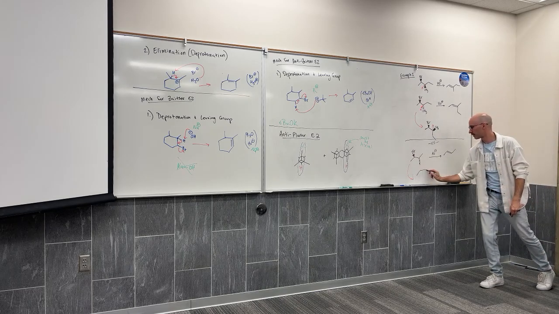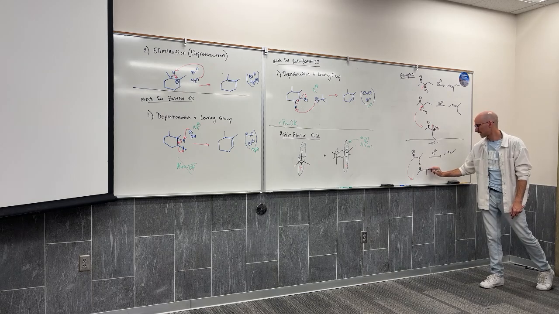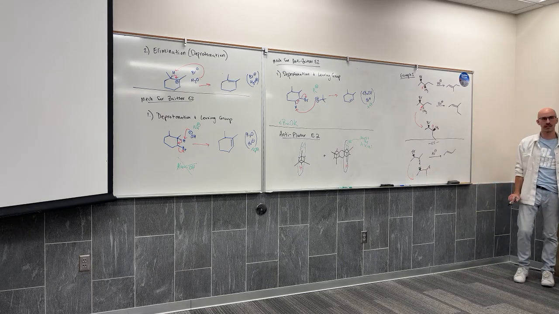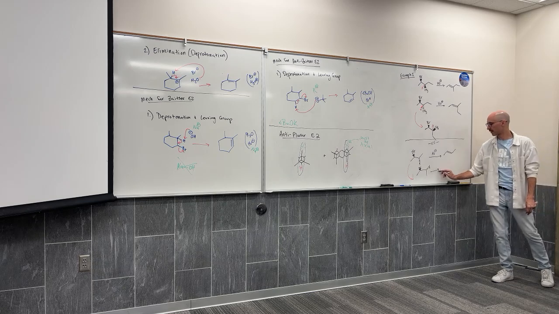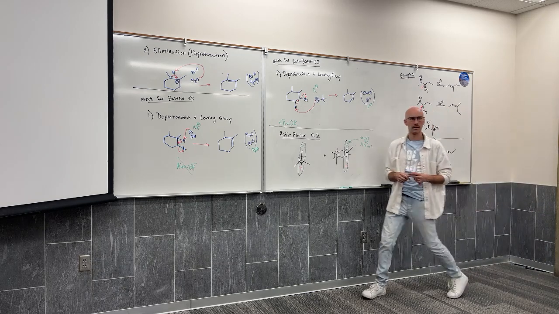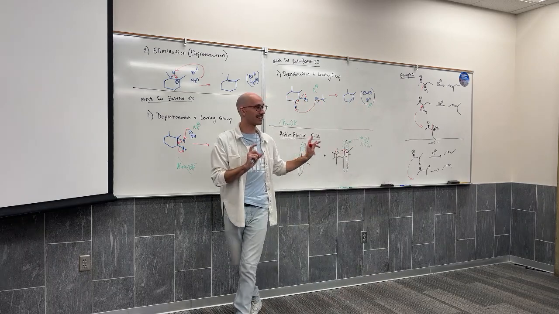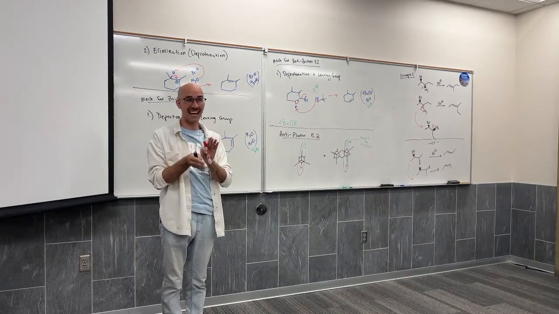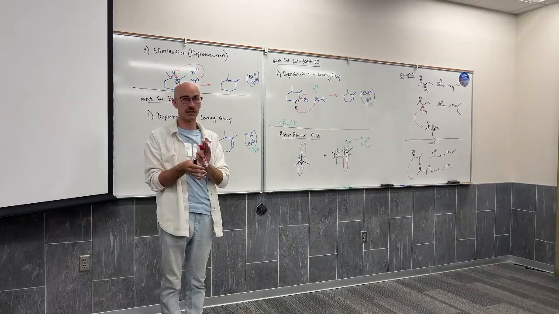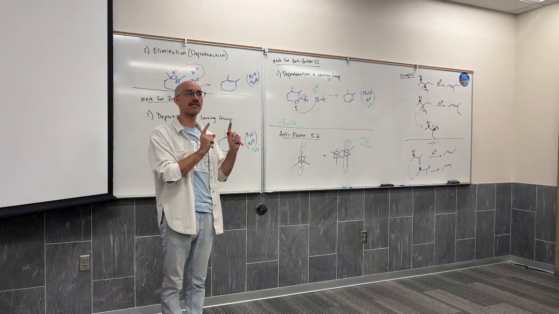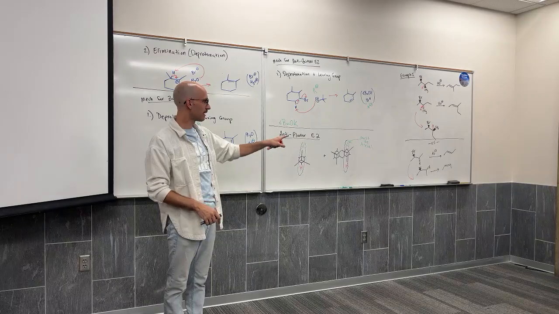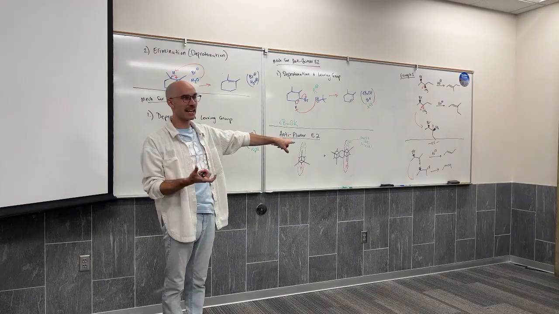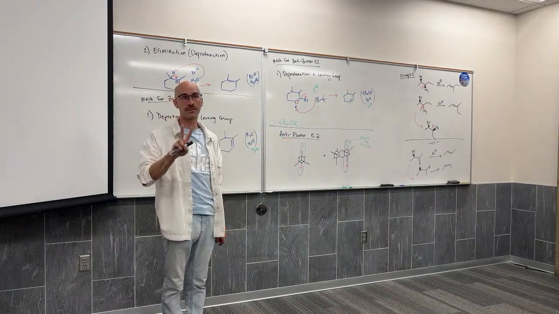And this compound has an anti-periplanar hydrogen in its other conformation. So the E2 reaction is still stereospecific. It only reacts with the antiplanar hydrogen, but it's not stereoselective. This bottom reaction is able to make two stereoisomers.